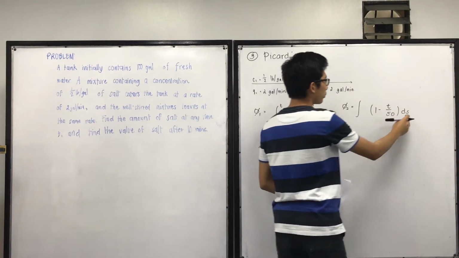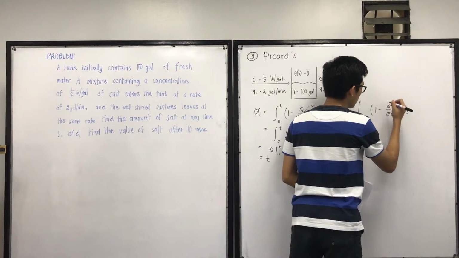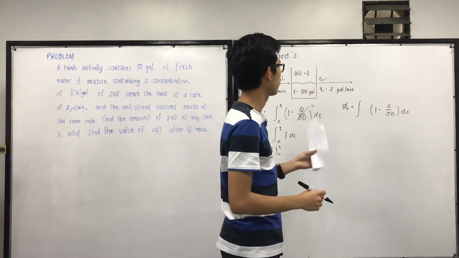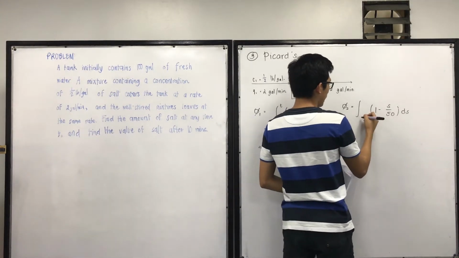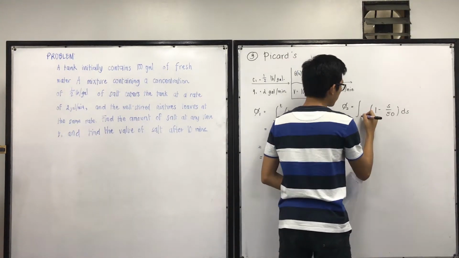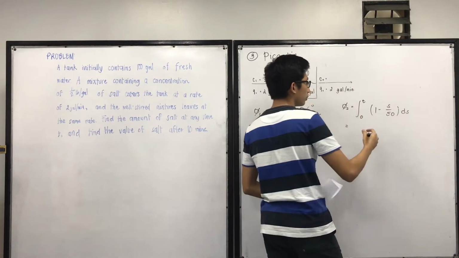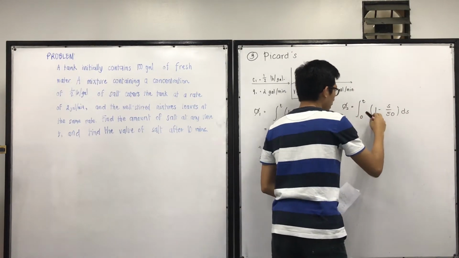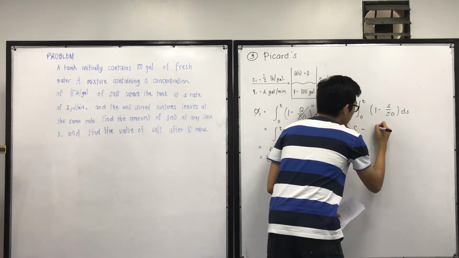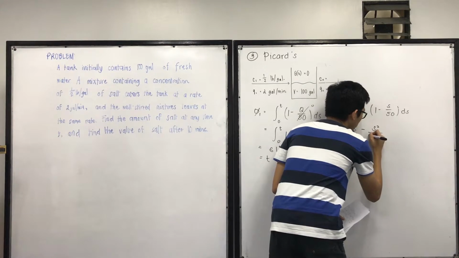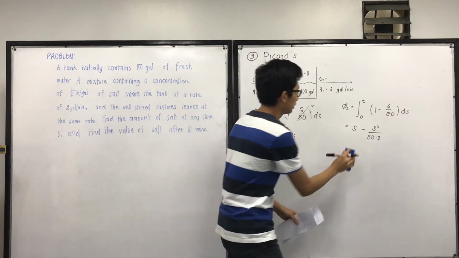Since this is ds, we are going to use s instead, because the function will be in terms of s or q sub s. And then we are going to evaluate this from 0 to t. Therefore, we are going to have s minus s squared over 50 times 2, or this will become 100.